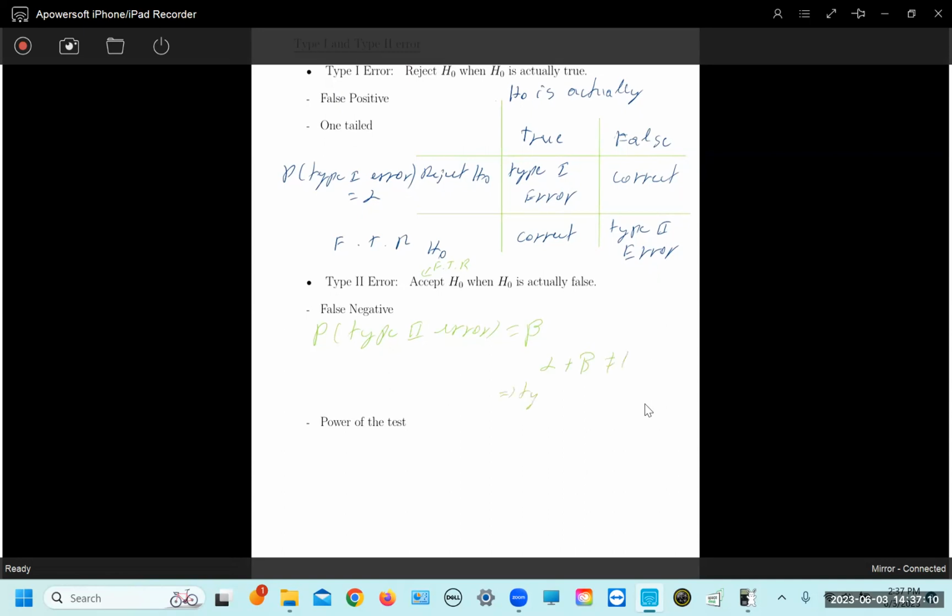So type 1 and type 2 are not the opposite of each other. Then the power of the test is 1 minus beta. So thank you for this one. Done for 8.1.